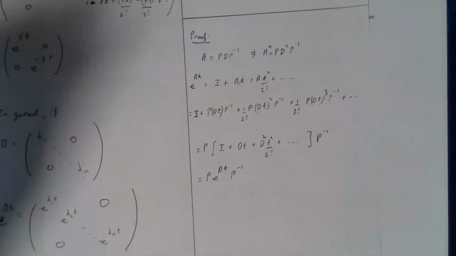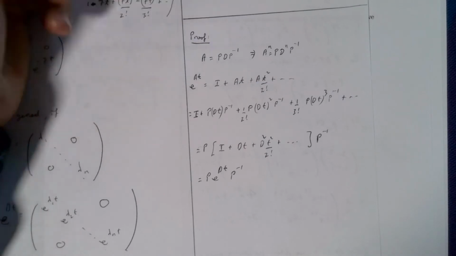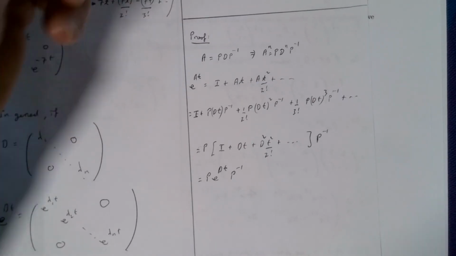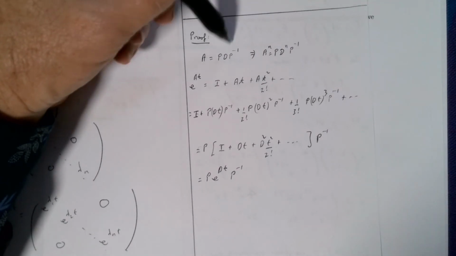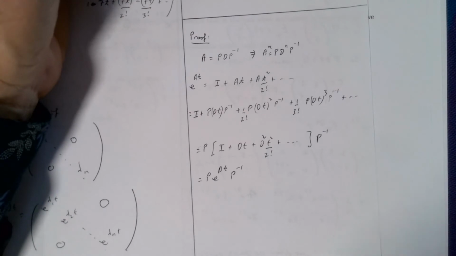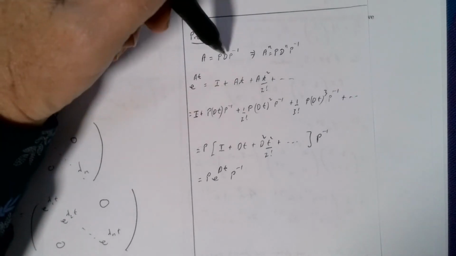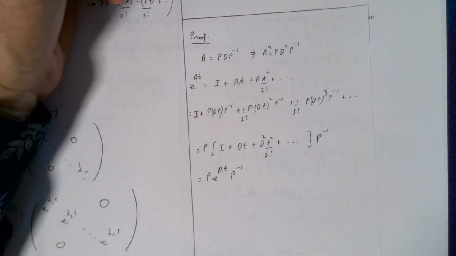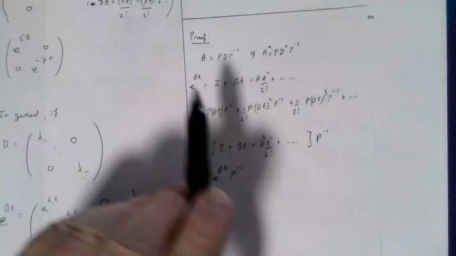So here's the proof. We've got A is equal to P D P inverse, and as you've seen before many times, if you take A to the n and you write this down n times, the P inverses and the P's all cancel in the middle, except for the one at the beginning and the one at the end, and we just get D times itself n times. So going back to our definition of e to the At, there it is.